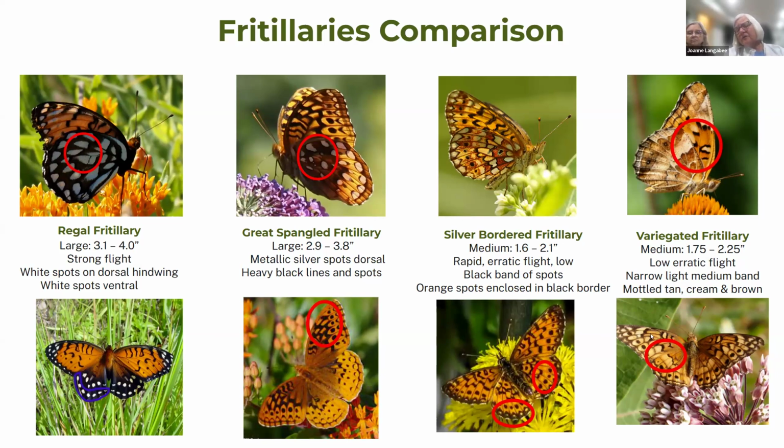And you get this beige color area line that you have. It's lighter in color almost, but a little bit more brown than what the other 2 have that are close here. All 3 of these you can see without too much problem, the great spangled being the largest of these 3.